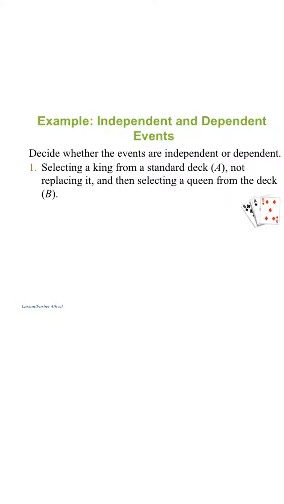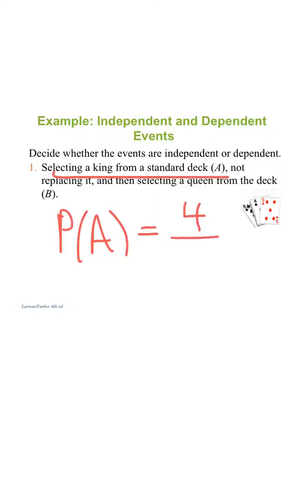We need to determine what the probability of A is. What's the probability of event A? In other words, selecting a king from a standard deck. There are 4 kings in a standard deck of 52 cards, which simplifies to 1 out of 13.